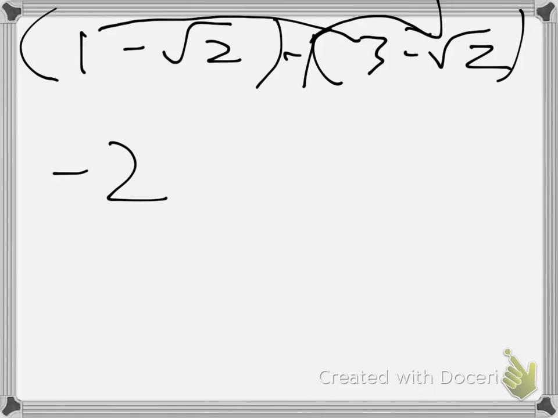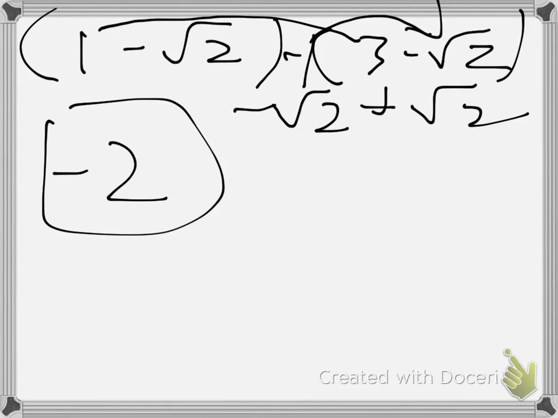So if you distribute this negative 1, you now have a positive square root of 2. So negative square root of 2 plus square root of 2 is 0, so this is a completely simplified radical expression. It's important to remember that these can cancel each other out just like any normal number.